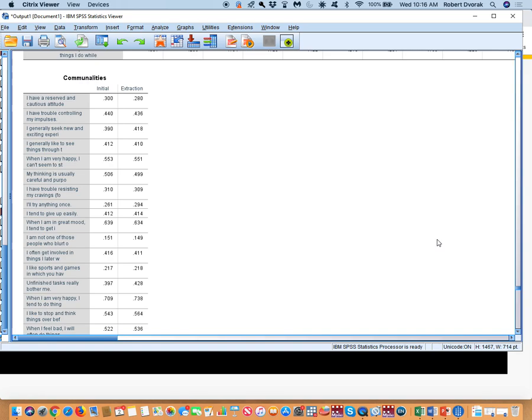It's not quite perfect here, right? So we see 0.3, 0.28, 0.44, 0.436, and then this weird one, 0.39, and the extraction is actually accounting for 0.418 amount of variance. How are we accounting for 0.418 amount of 0.39 variance?